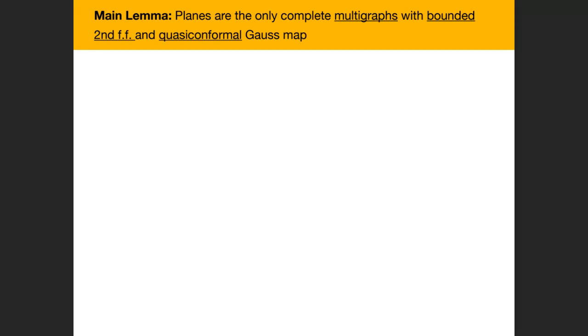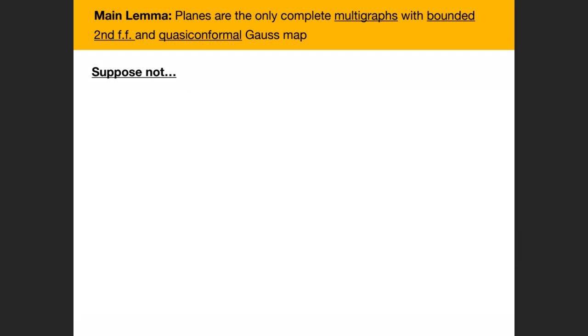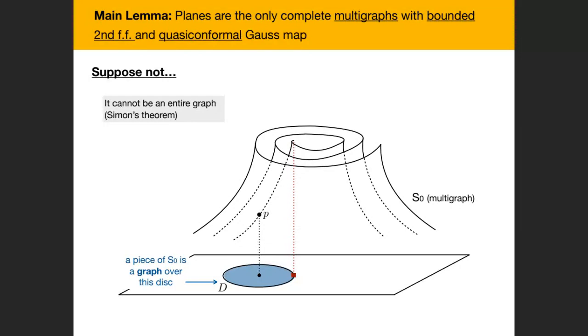Okay, so to prove this lemma, reason by contradiction, and suppose that you have something that is not a plane, but is a complete multigraph with bounded second fundamental form and quasi-conformal Gauss map. Okay, so by Simon's theorem, your surface cannot be an entire graph because it has quasi-conformal Gauss map and it's not a plane. But your surface is a multigraph, so locally, around any point, the surface is a graph.